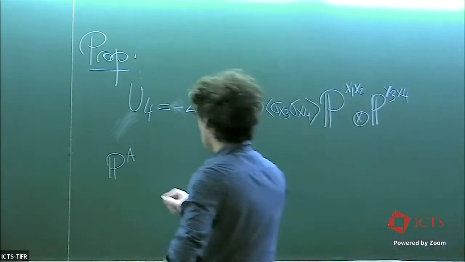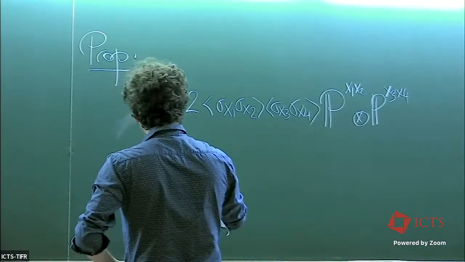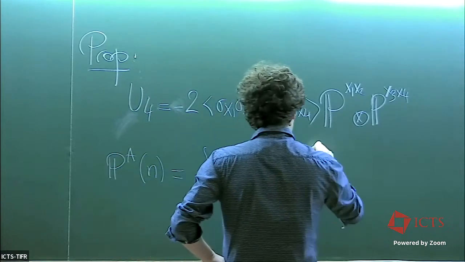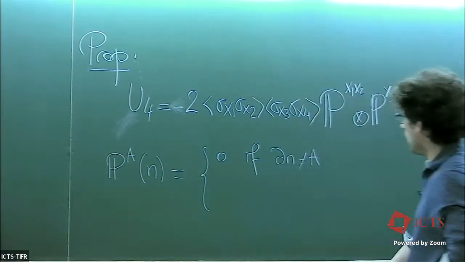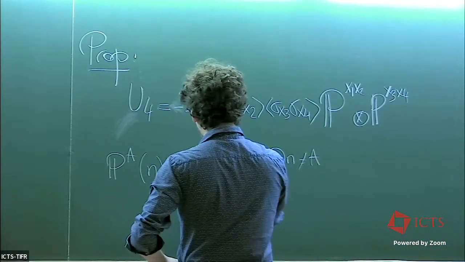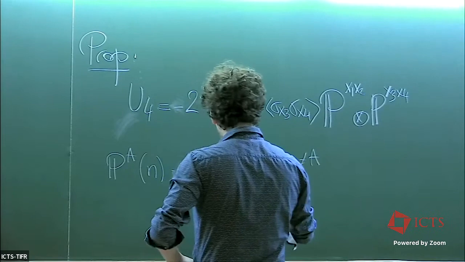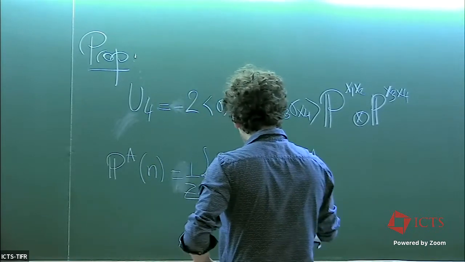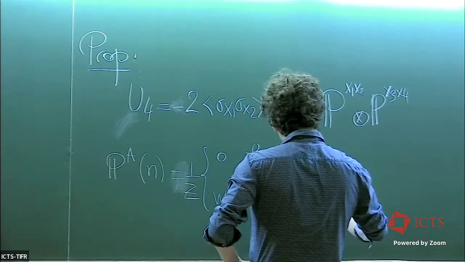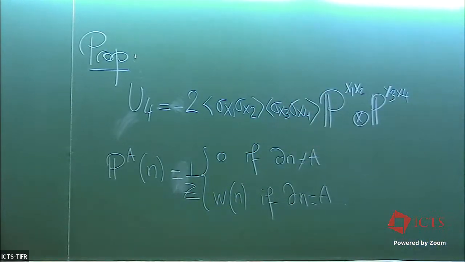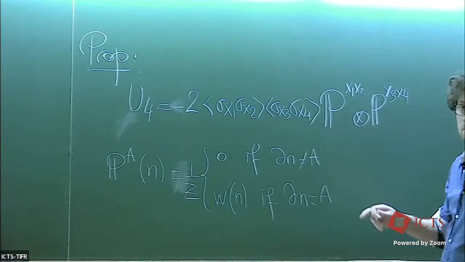So probability of n is going to be 0 if the sources of n is not equal to A, and then it's proportional to W, so it's 1 over constant, and W of n if the sources of n is A. So it's just a way of sampling my current, and this is just a sign saying I'm taking the product measure.